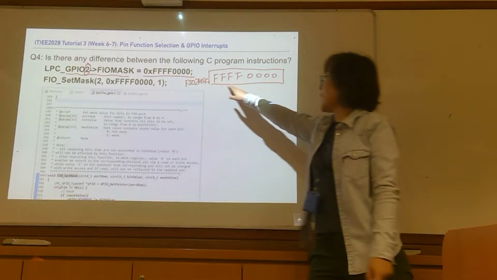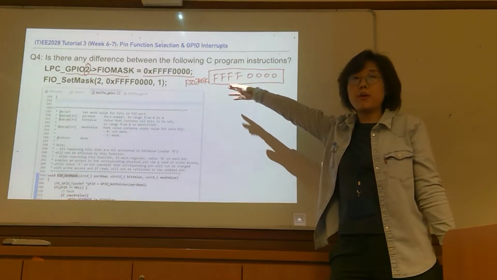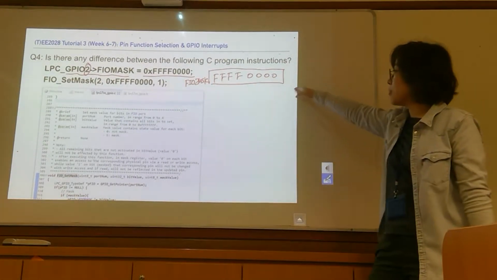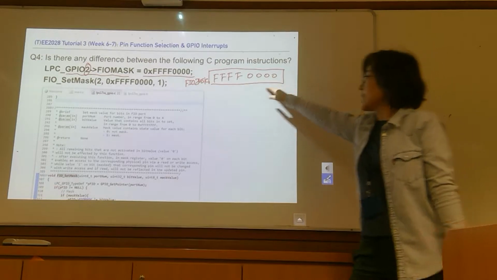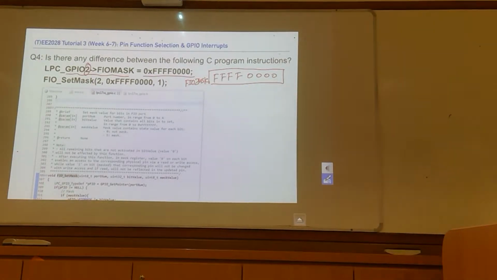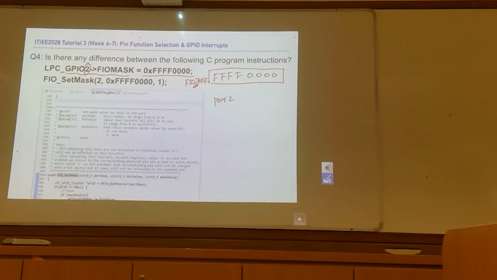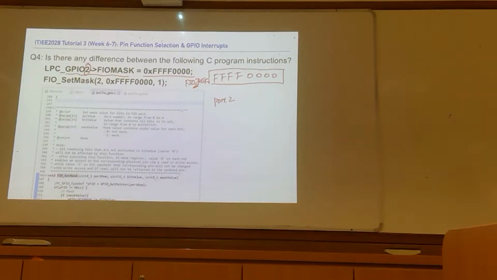So you see, for this case, F means 1, right? 1111, right? So this is in hexadecimal. So this is talking about the entire port 2, right? Since it's FIO2. So for port 2, you have totally how many pins? 32 pins, okay? 32 pins.